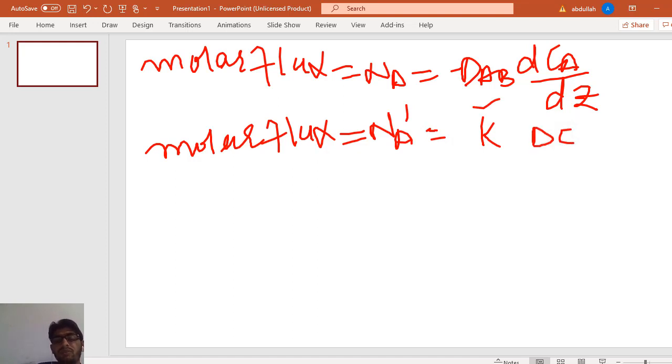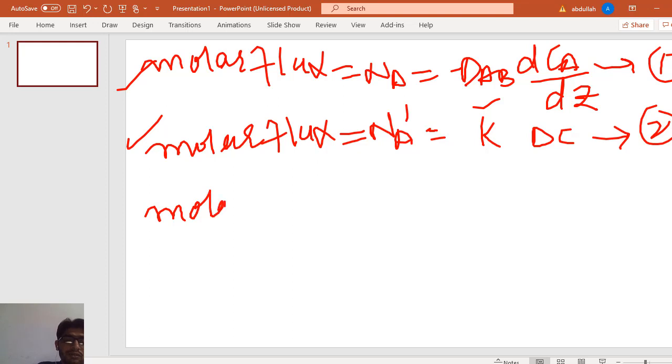This is the mass transfer coefficient. Now we know that this is the molar flux and this is also the molar flux. So suppose this is equation number 1, suppose this is equation number 2.